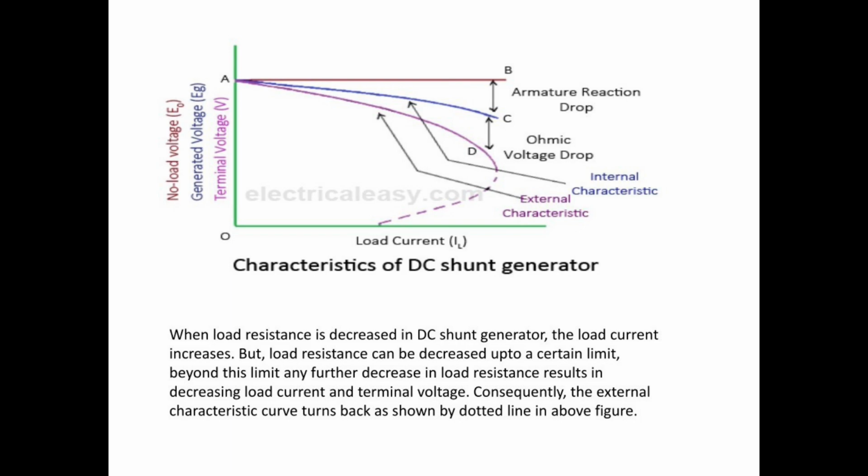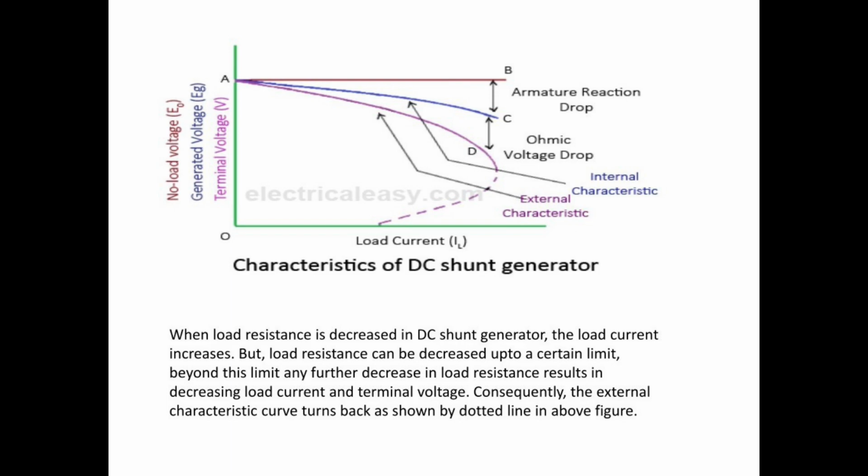Okay, see here. So AD is the external characteristics, right? Whenever load resistance is decreased in a DC shunt generator, what happens to the load current? Load current starts increasing, but load resistance can be decreased up to a certain limit only.